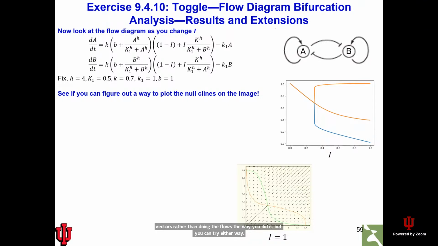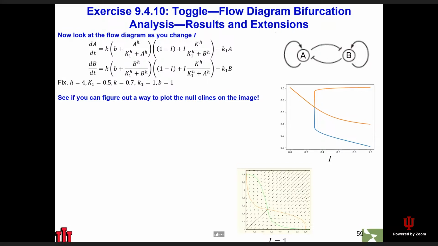But you can try either way. Yeah, I can see the flow is pointing outward. Right. Oh, before you go to there, the one you're showing me here, which you shared, was different values of I. For I equals 0, everything converges, they're independent, so they both reach their stable equilibrium.